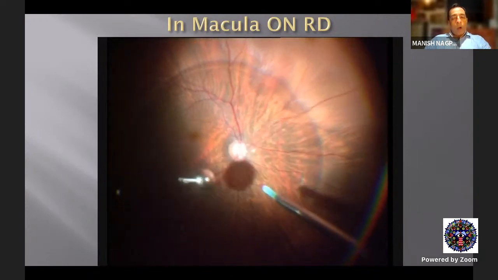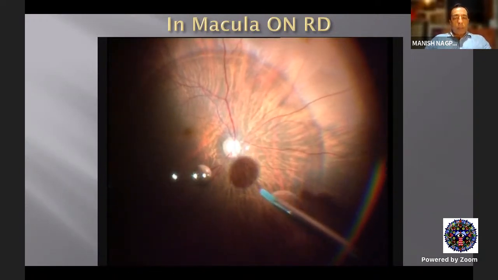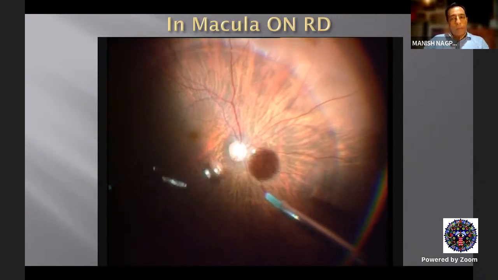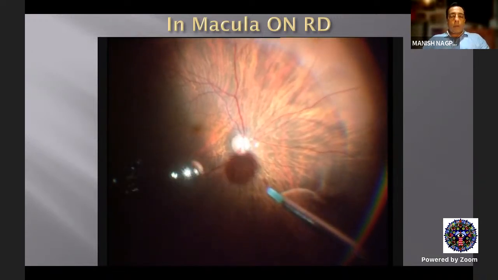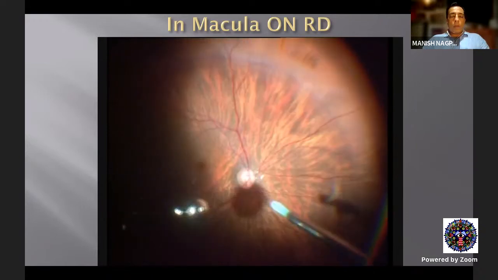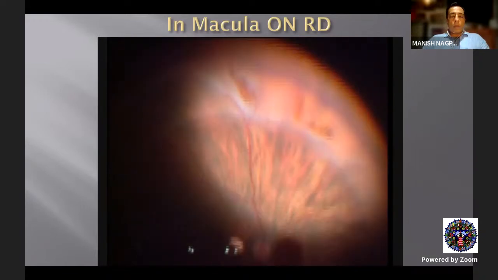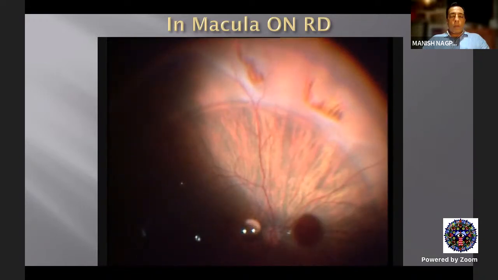In the macula-on RD, after doing vitreous removal, I will always put in perfluorocarbon because that kind of keeps the posterior pole always intact. Because you saw that when we do air fluid exchange, the bullae come up, and that's when the macula can get detached in these cases. So it's a good idea that you put in perfluorocarbon, keep the posterior pole flat while you look at the breaks in the periphery.